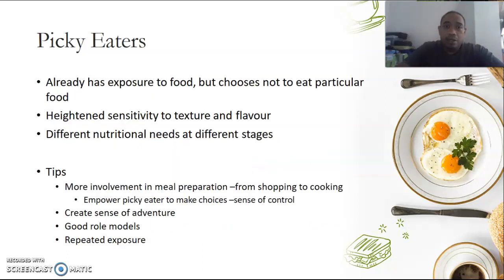Picky eaters. Technically, it's a heightened sensitivity to texture or flavor. That's why I told you in the previous slides that people with heightened sensitivity in the tongue tend to have this kind of habit, because their tongue is too sensitive and any flavor is enhanced.